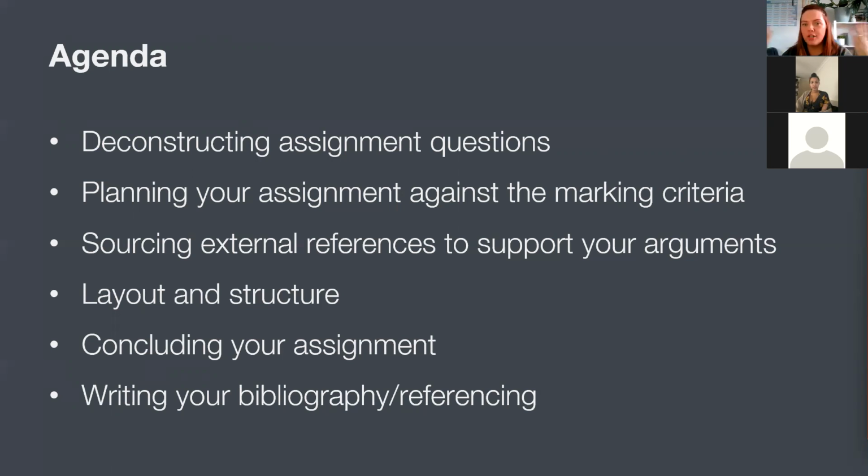Where should I be going? What should I be using? We'll look at layout and structure as well. We'll look at how to conclude your assignment and also how to structure that. So with your beginning, the middle and the end, what does that look like? And also your bibliography and your referencing as well. We will go into a lot of detail about that because it is a really commonly asked question.